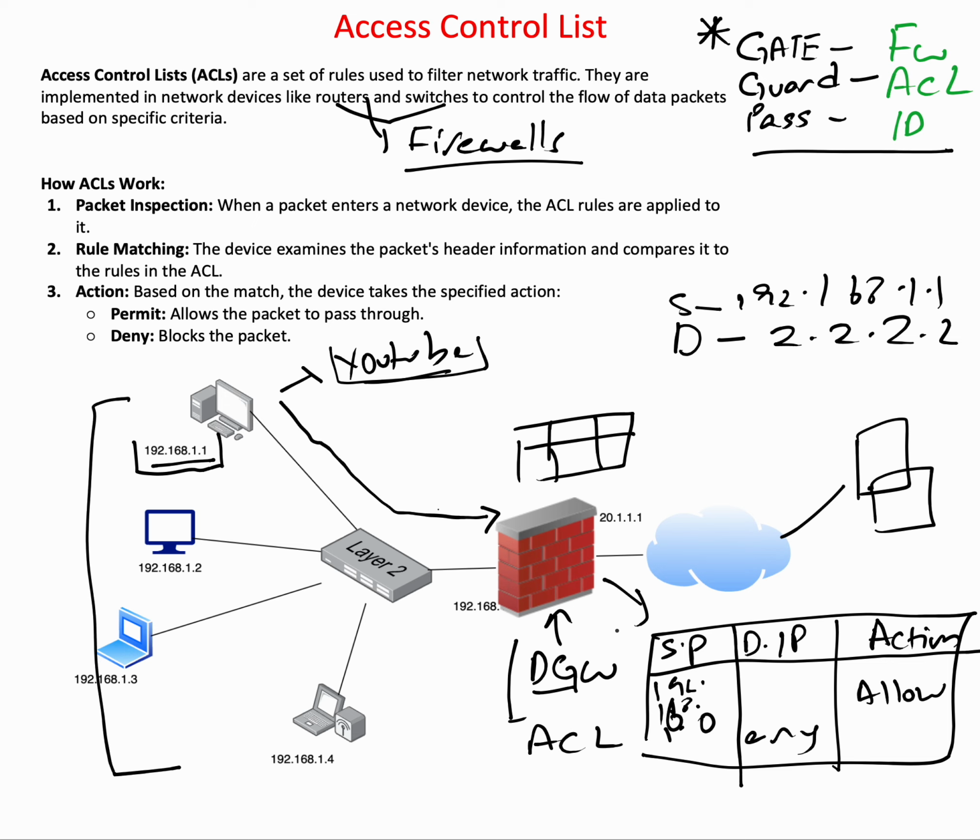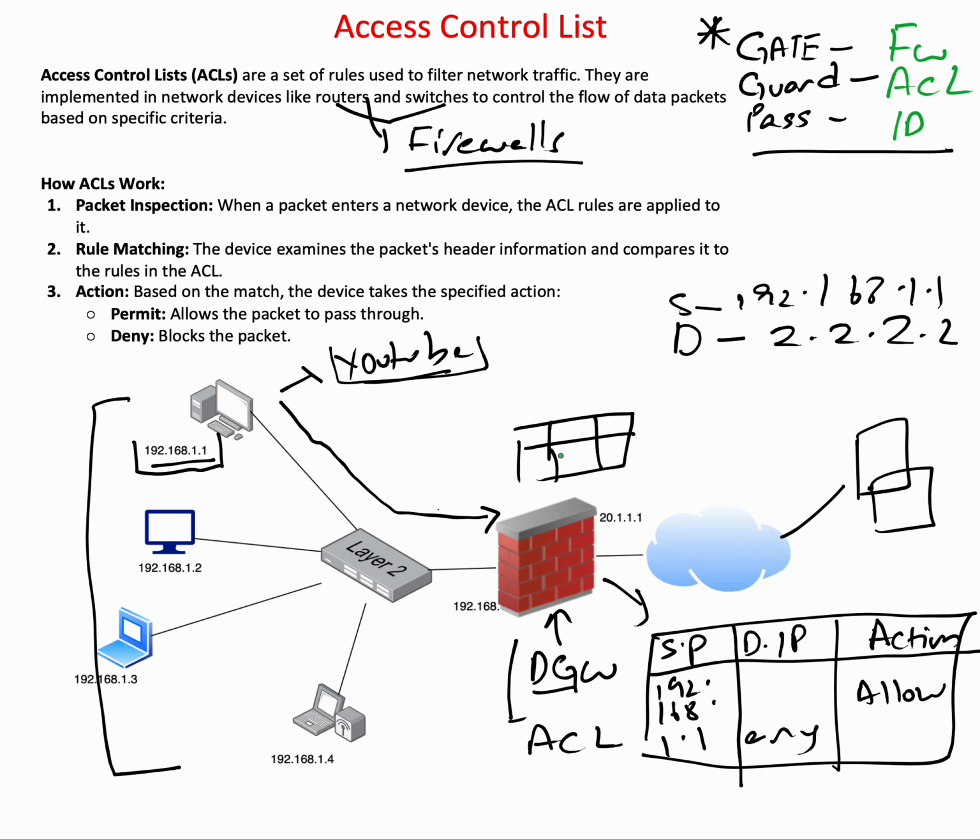For this case, let's just put it as one: 192.168.1.1 allow. So it'll check the ACL, it'll let it pass.